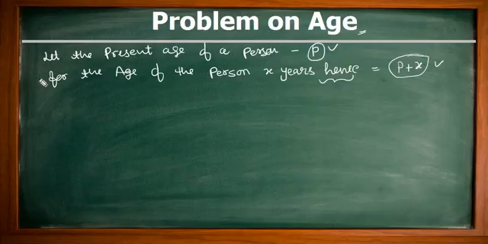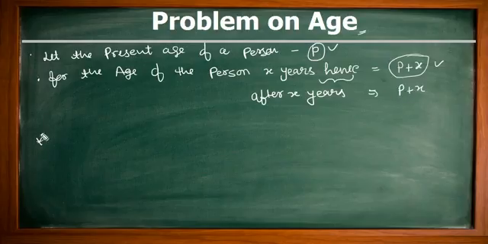So write down these two terms: a person's age is P, and the age of that person X years hence will be P plus X. We can also say it like this: after X years, it will also be P plus X. Both are the same thing.